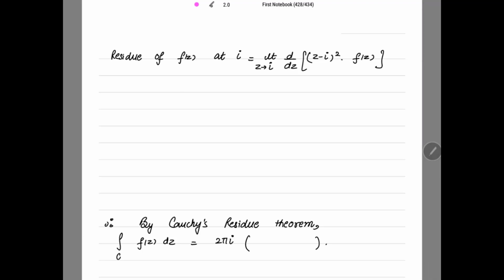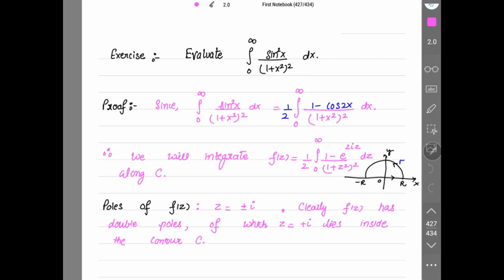So this is equal to limit z tends to iota d by dz of (z minus iota) whole square times our function, which is (1 minus e to the power 2 iota z) over (1 plus z square) whole square, right?